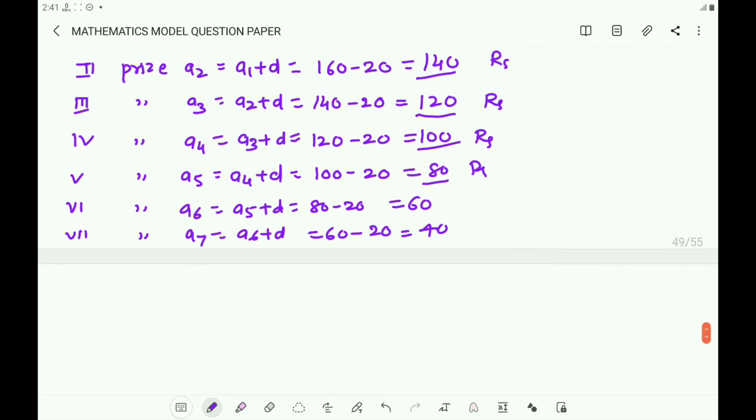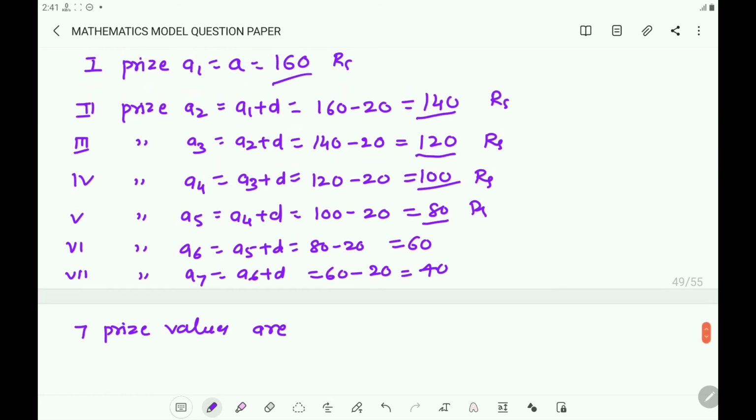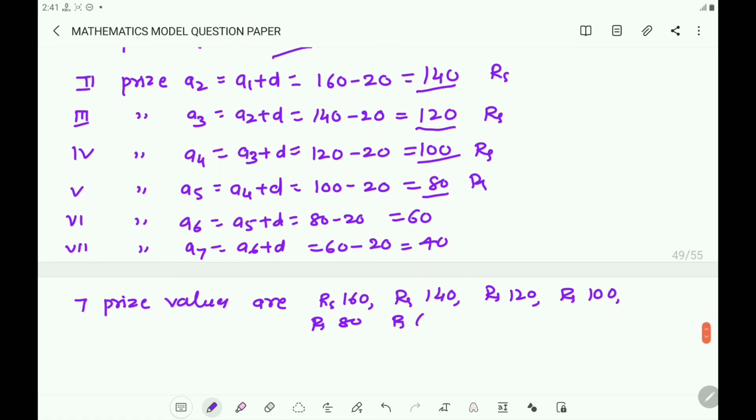So these 7 prize values are rupees 160, rupees 140, rupees 120, rupees 100, rupees 80, rupees 60, rupees 40.